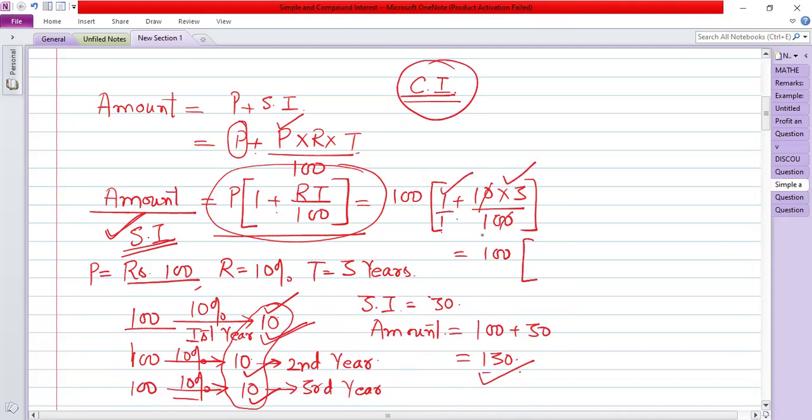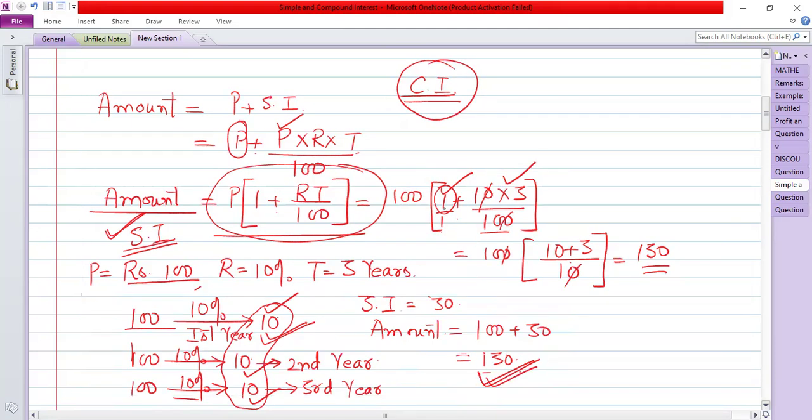Here the LCM will be 10, so 10 is multiplied here, plus 3. This will give us rupees 130, which is the same as this.